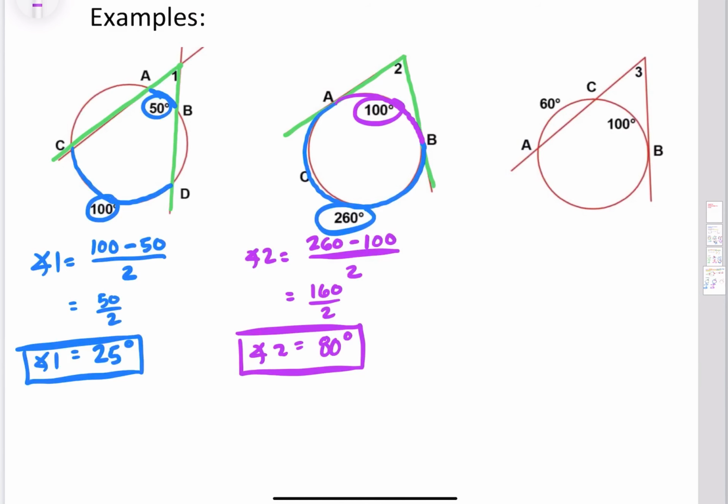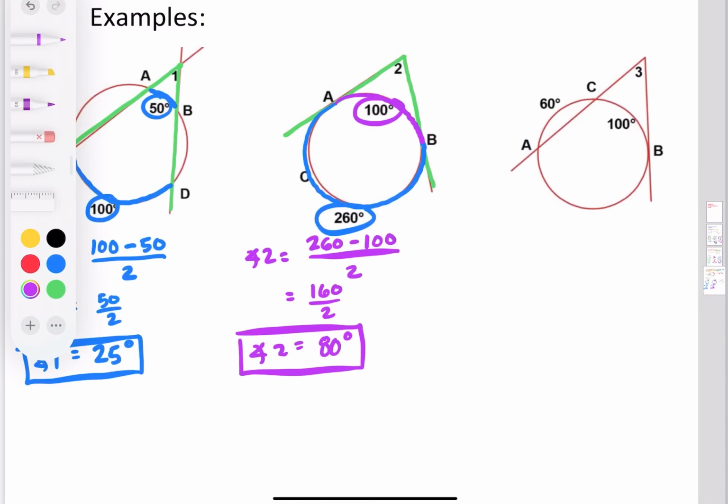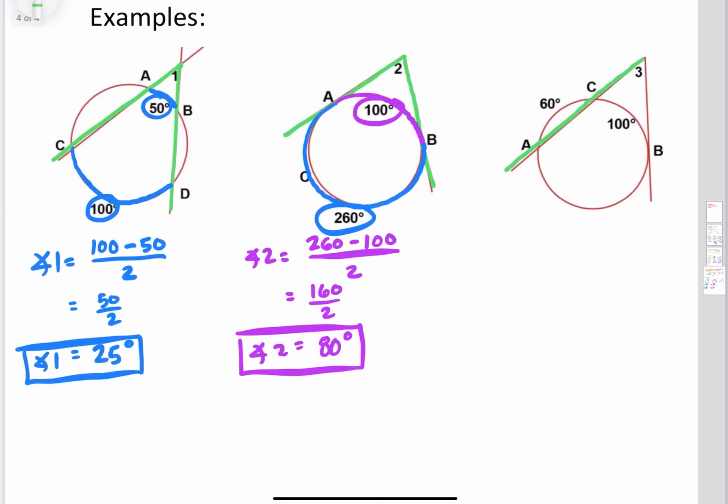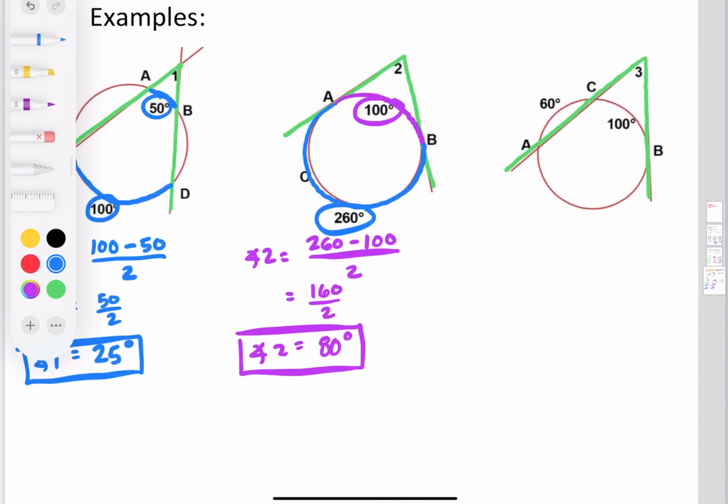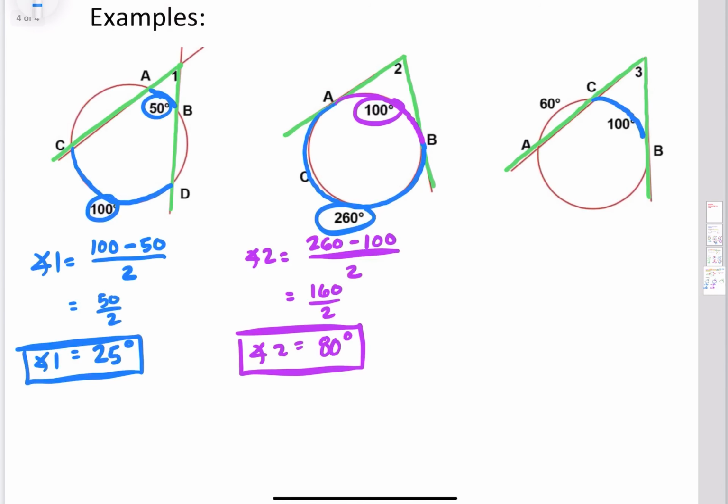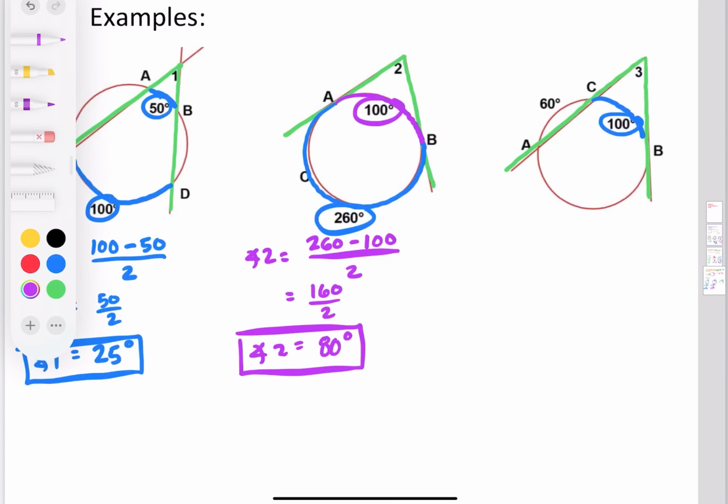All right, the last one in this particular case, once again, the vertex is on the outside, so this is angle 3, and this is being created by a secant and a tangent. Now, the thing here is that we need to look for one of these arcs, because I do have the smaller arc right over here at 100 degrees, but what I do need is this other half right over here.